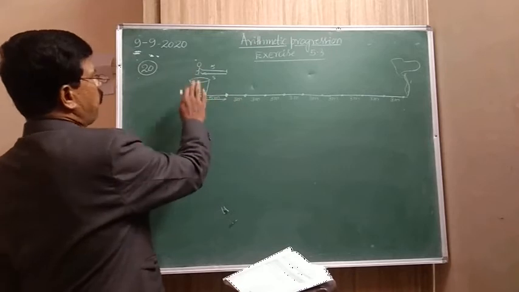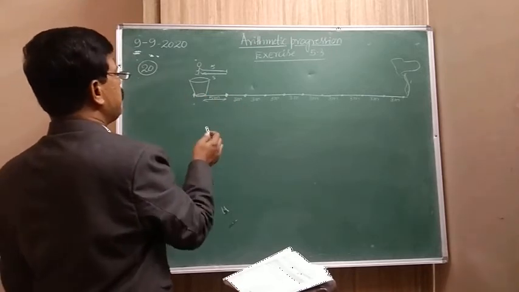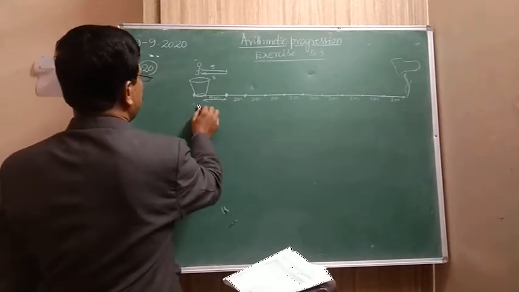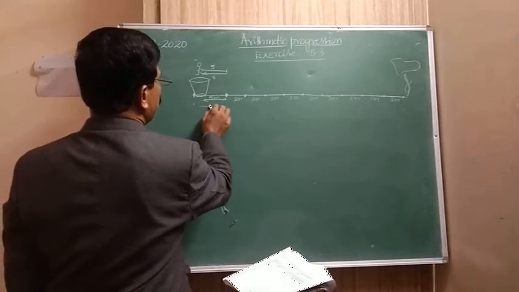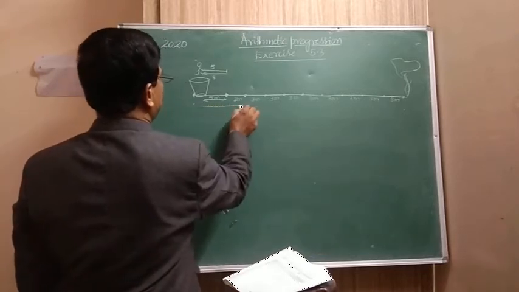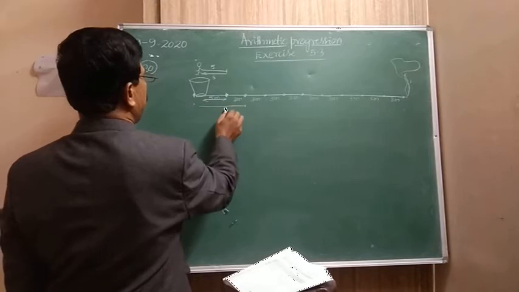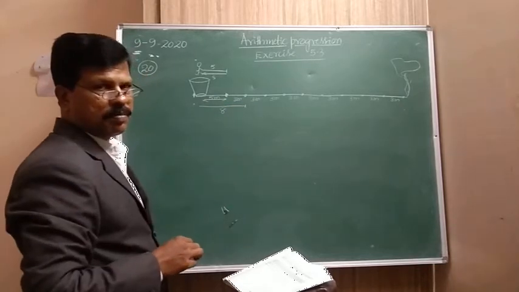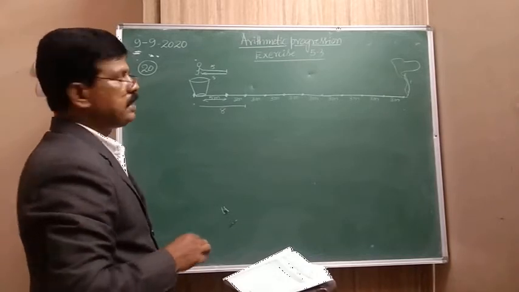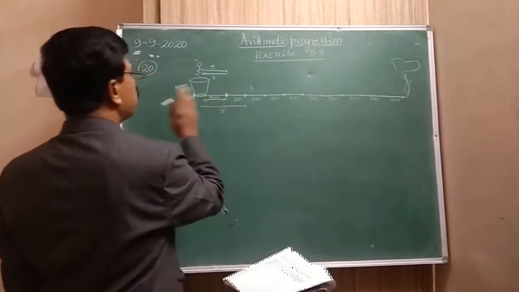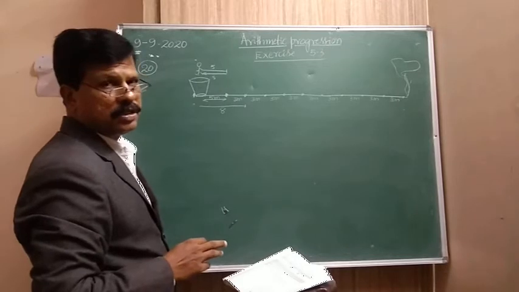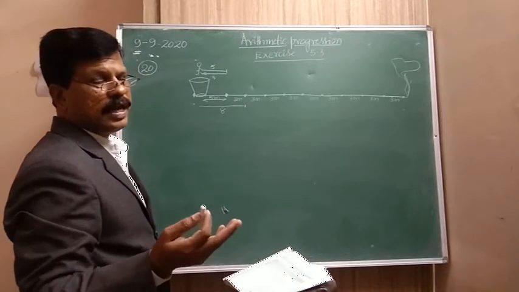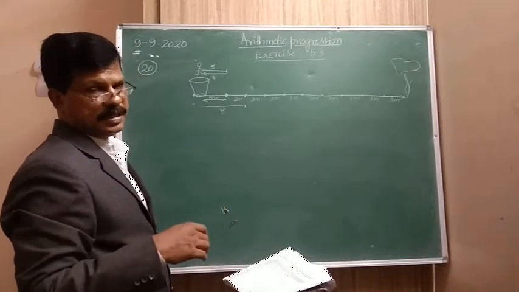Then he drops it. Then next he starts from here and moves to here. That means 5 plus 3 is 8 meters, and again he comes back 8 meters. So total distance is 8 plus 8, 16 meters.